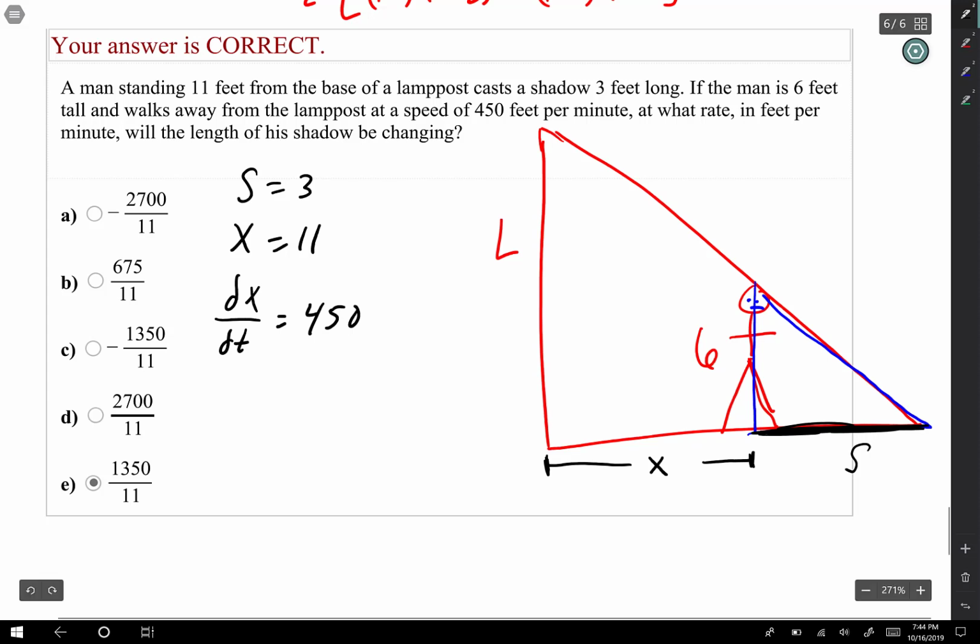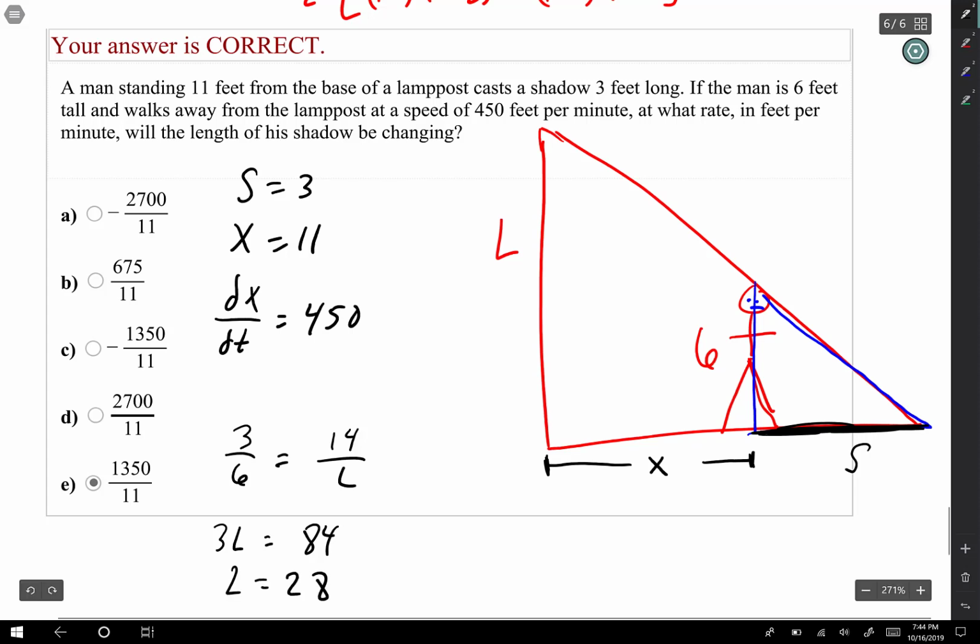So you already know this triangle here. 3 is to 6 as x plus s, so that's 3 plus 11, which is 14, over L. So let's figure this out first. 3L equals 14 times 6, which is 84, divided by 3, and you get 28.